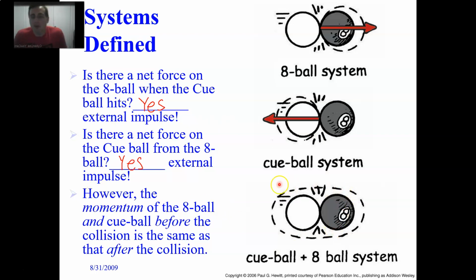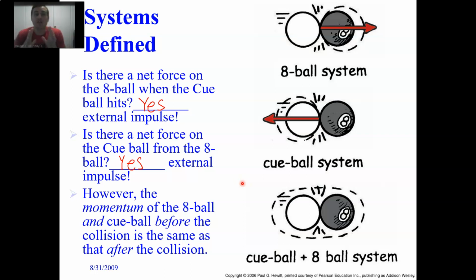What happens if we draw a system circle around both the balls? In other words, if we define the system as cue ball and 8 ball, with that in mind, those two Newton's third law forces, which are both internal forces, will cancel.